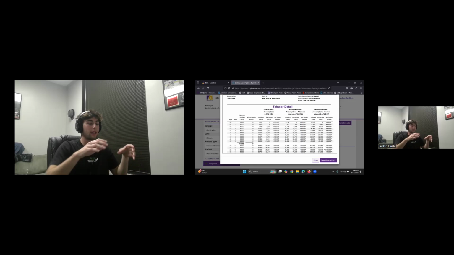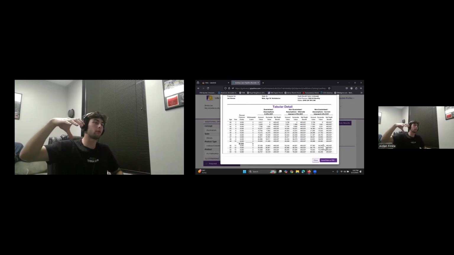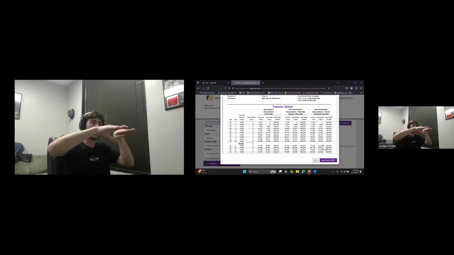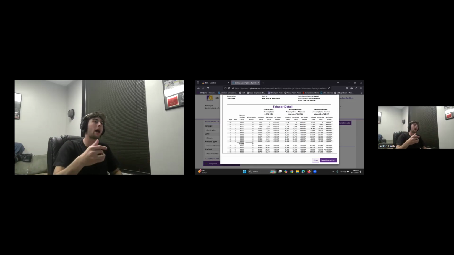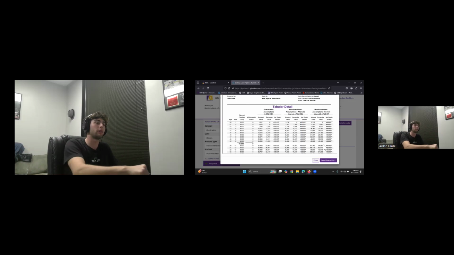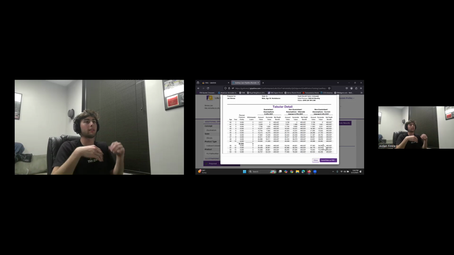So you have one account growing at 3% and your loan rate's at 3%. That's the same level, right? That means you're not having to pay any interest on your loan. Fixed is guaranteed. You are guaranteed to earn 3% in that account because it is fixed. You are guaranteed that your loan interest rate is 3%, which makes it a wash loan. So that is the safest way to take a loan and owe zero interest on any loans that you take.